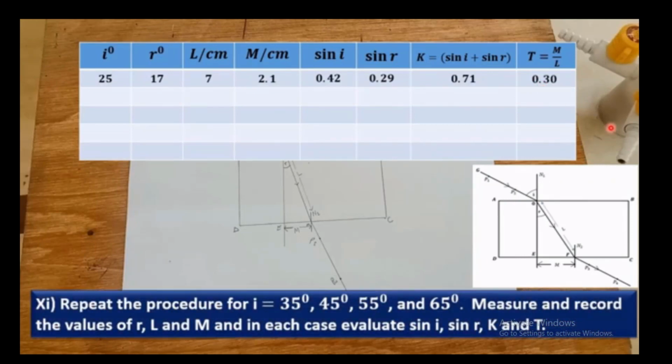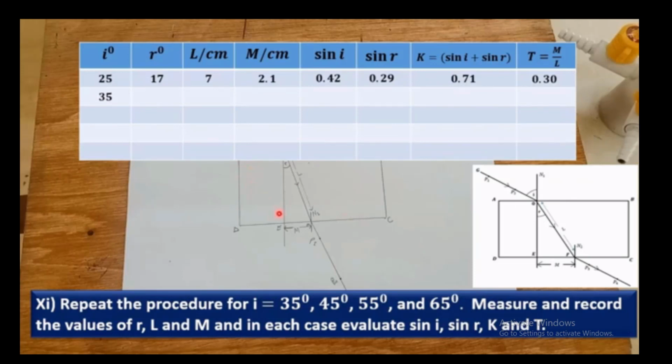Now we are going to repeat the procedure for angle of incidence, which is 35 degree, 45 degree, 55 degree, and 65 degree. So after that, we are going to measure and record the value of R, L, and M. And in each case, we are going to evaluate sine I, sine R, K, and T as we did in the first table above.